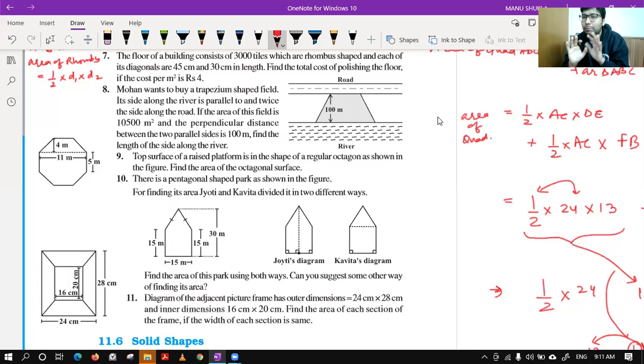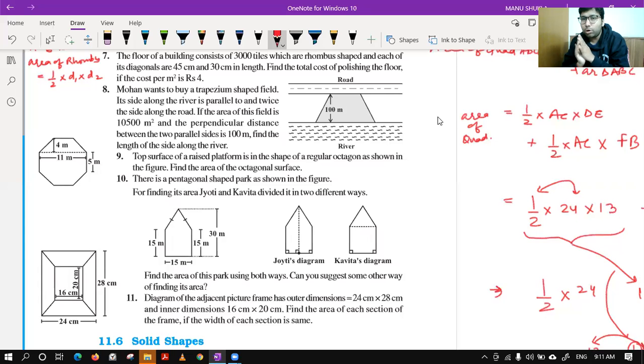On a floor you are applying 3000 tiles which are rhombus shaped, and each of its diagonals are 45 and 30. So each tile has diagonals of length 45 and 30.